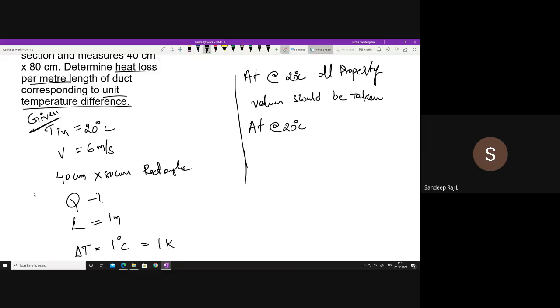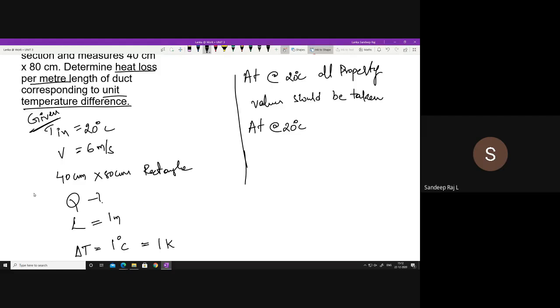So tell me, how do you solve this? How do you solve for Q first? HA delta T. Yes.